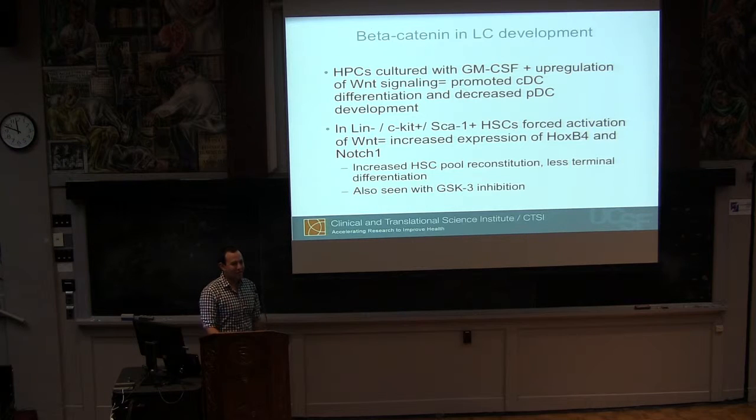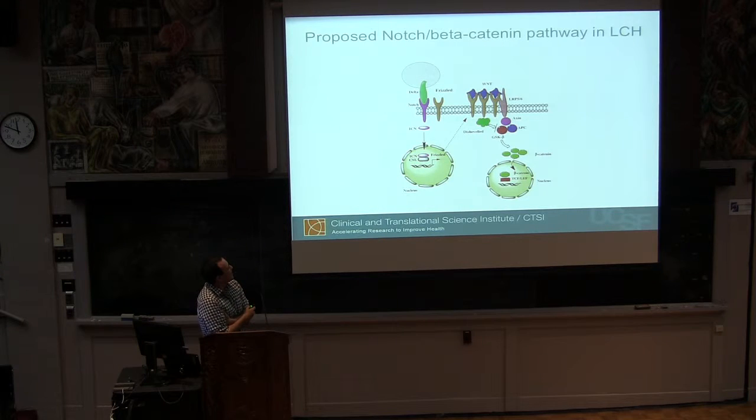And different cell types are going to respond differently, which is the really confusing part of cell signaling. But I think right now what's going on is that Notch signaling kind of upregulates this Wnt signaling.